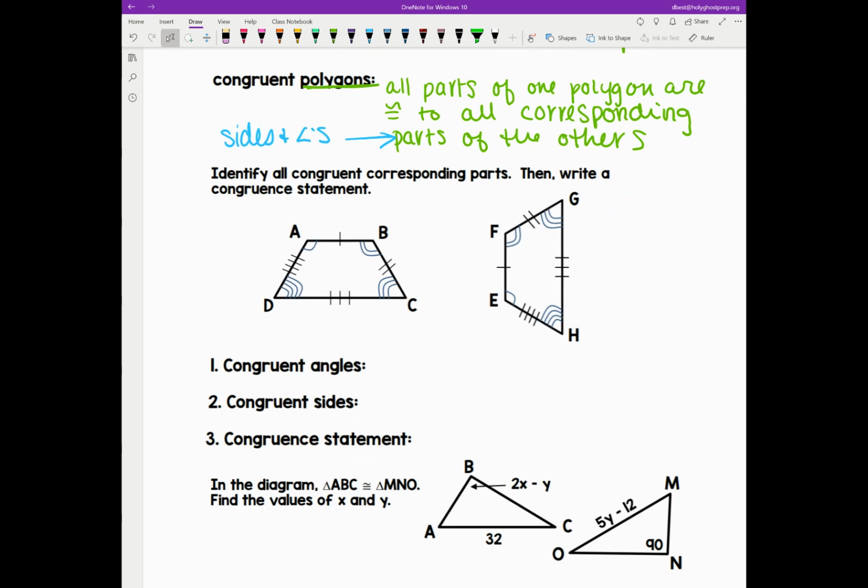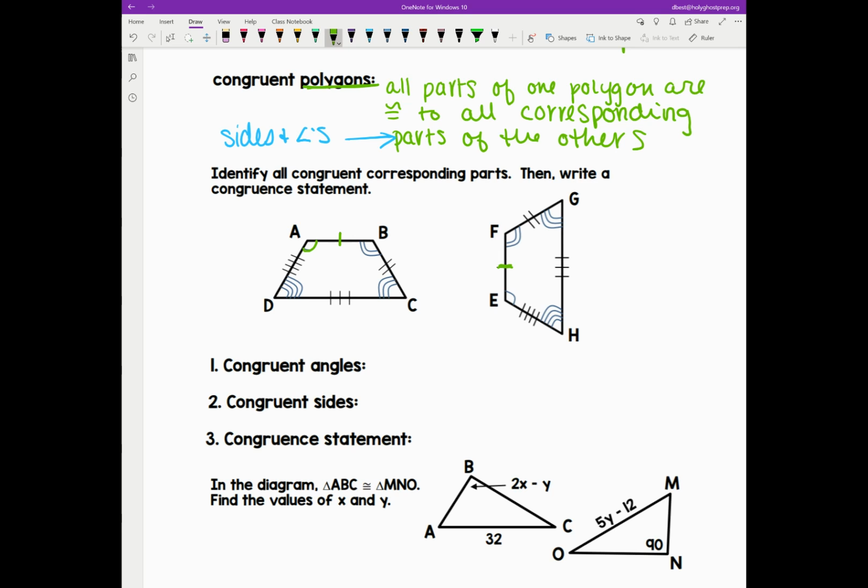In my first figure here, we will later learn that these are trapezoids. We have two trapezoids, and the corresponding and congruent parts are marked with these different congruency marks. For segments, remember it's the little tick marks, and for angles, we use the arches.